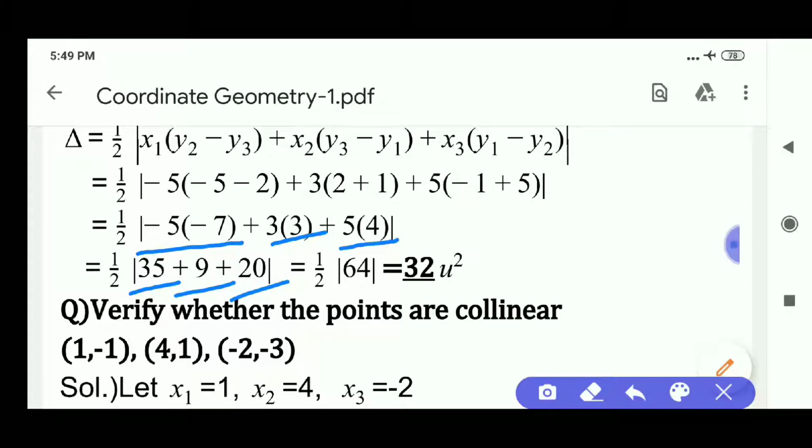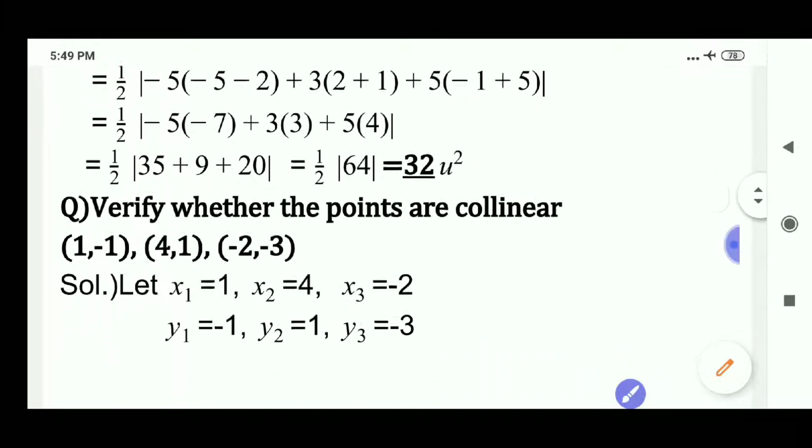So 35 plus 9 plus 20 is 64. It is already positive, so we need not worry. Consider the positive one. So it becomes half into 64. The answer is 32 square units because it is area.